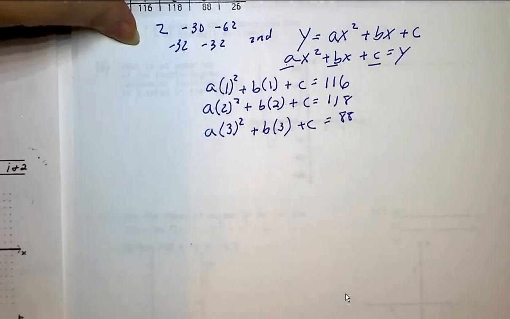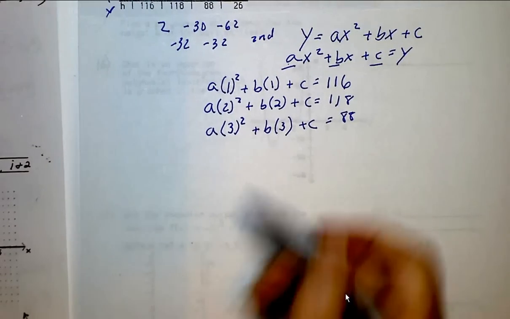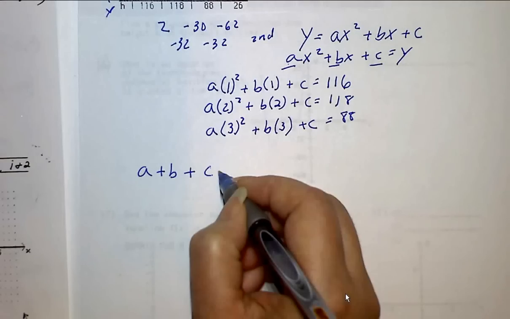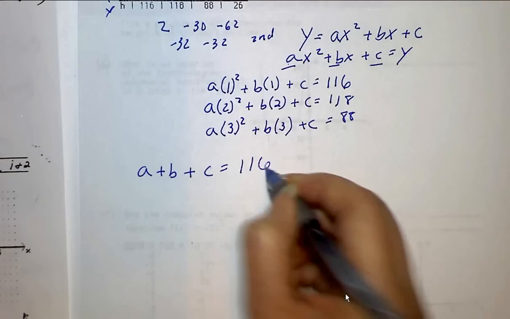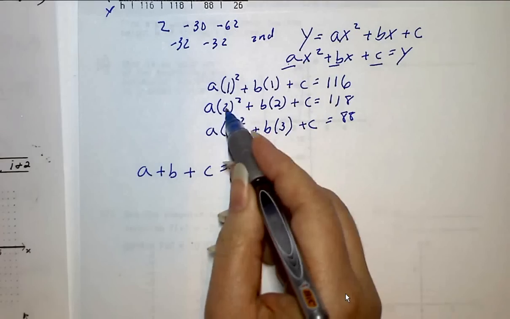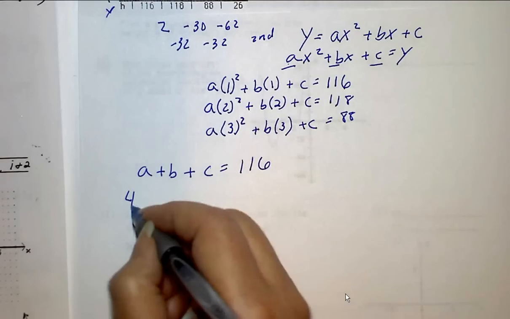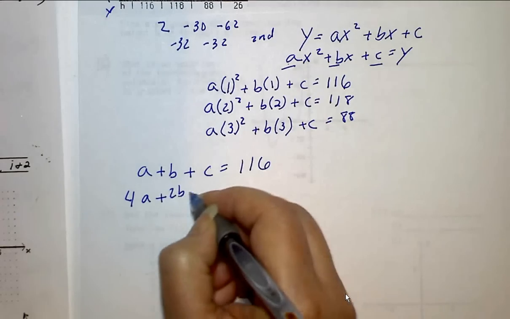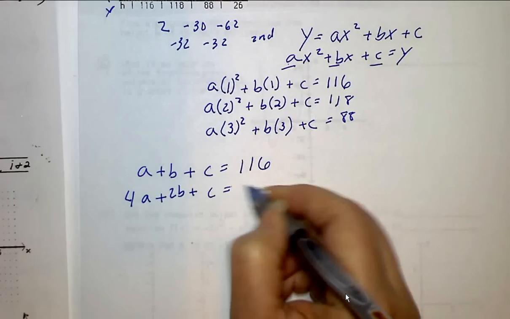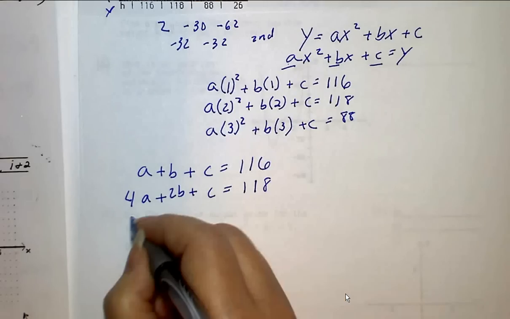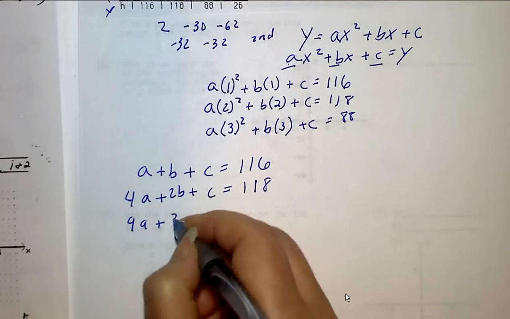So I have a plus b plus c is equal to 116. 2 squared is 4, so I have 4a plus 2b plus c is equal to 118. And then 3 squared is 9a plus 3b plus c is equal to 88.